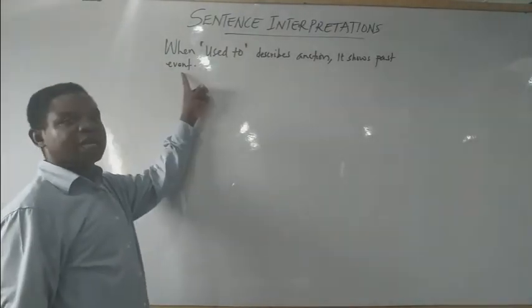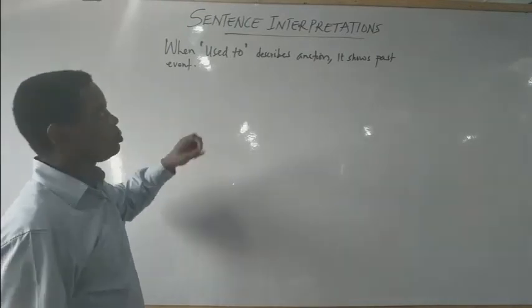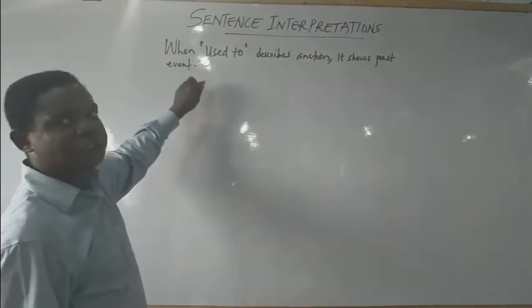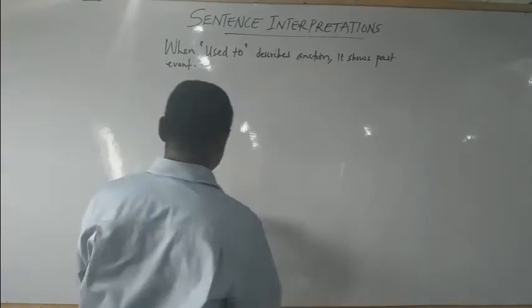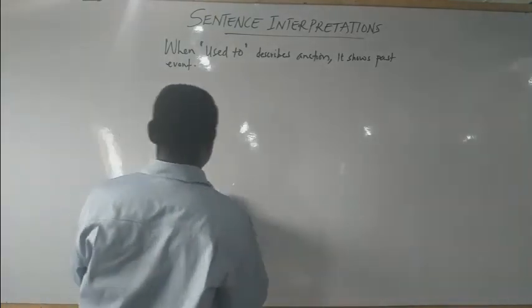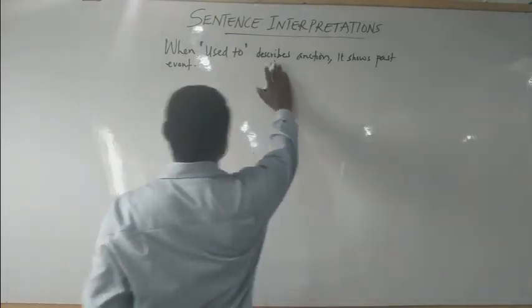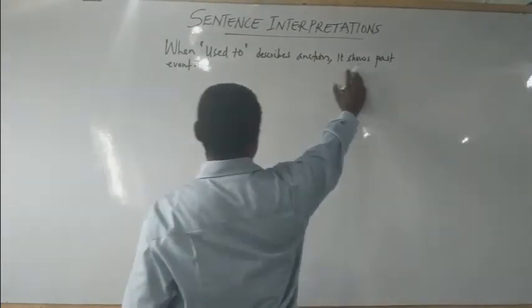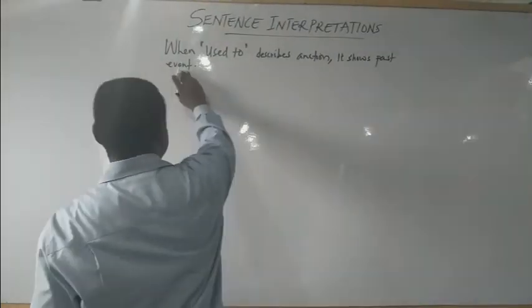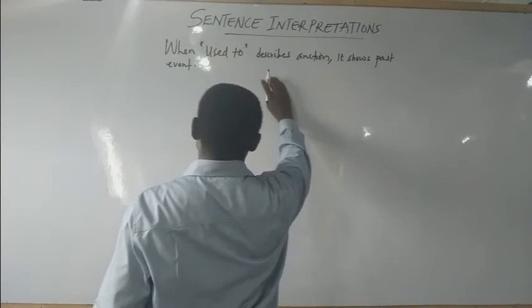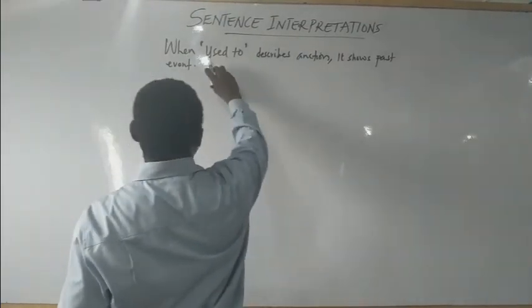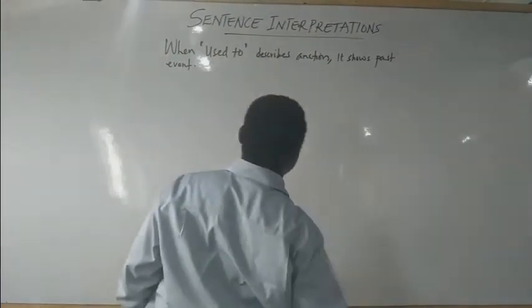When used to describe an action, it shows an action in the past. Take note that it no longer occurs. It shows an action in the past that no longer occurs.